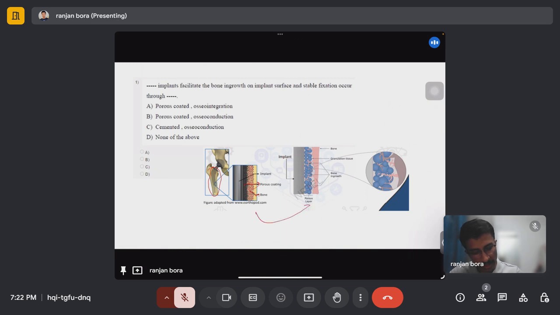In this figure you can see the bones which get through to the pores, and because of this branching from bone tissue, the bonding becomes stronger. So here option A is correct. The bone ingrowth and stable fixation, this process is known as osseointegration.